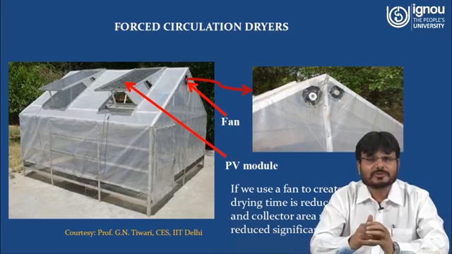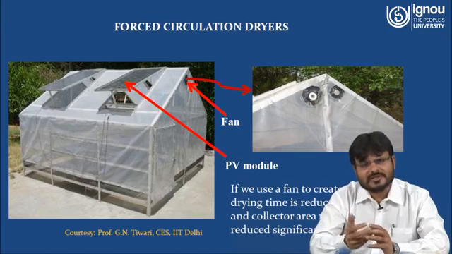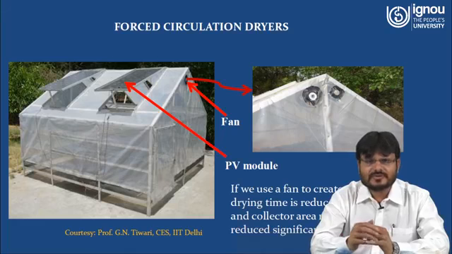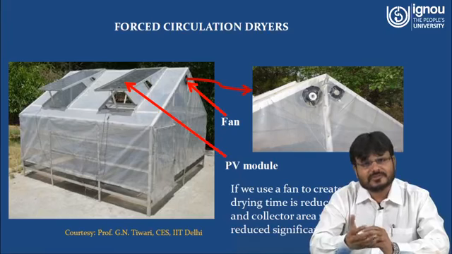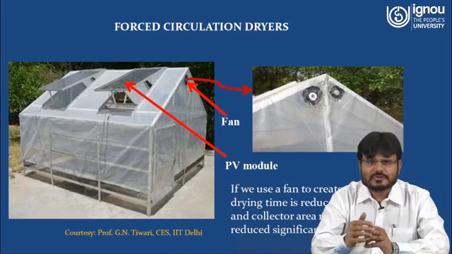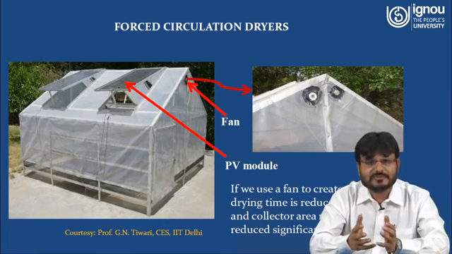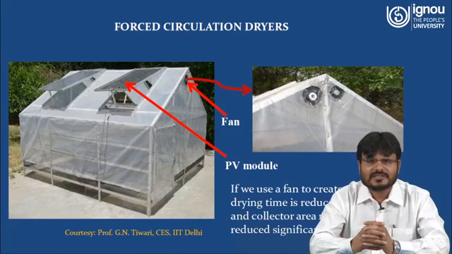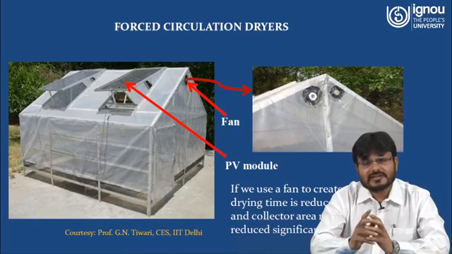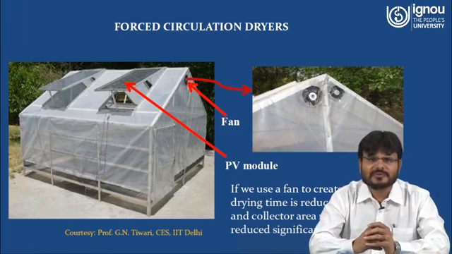And how can the velocity of the air be controlled? It can be controlled with the help of the fan. And how can the fan be controlled? It depends on the voltage. To operate this, as you know, we are using the PV module to run this fan. The PV module gives DC power, DC current and DC voltage, so DC fans are used, and the supply to operate this DC fan is taken from the PV module.